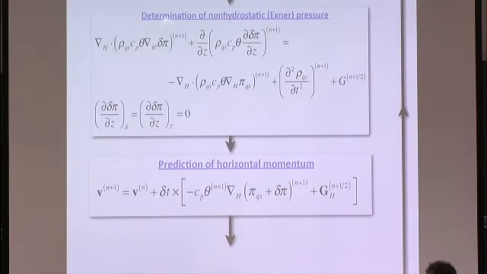Notice that in the anelastic system, this is pi prime. So it finds a non-hydrostatic pressure, a deviation of pressure from a basic state. Here it is finding a deviation of pressure from a local quasi-hydrostatic one. So it is actually doing much less work than the anelastic system.